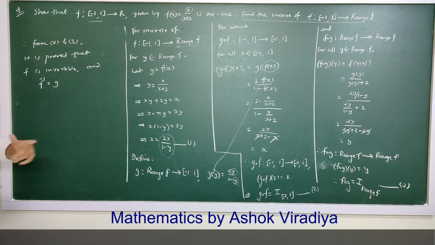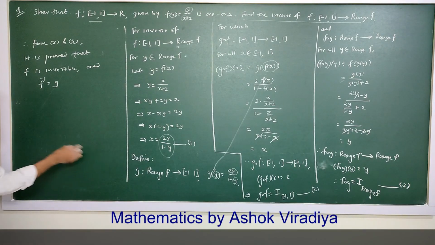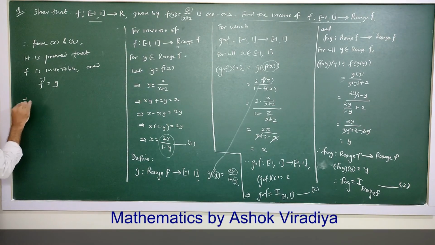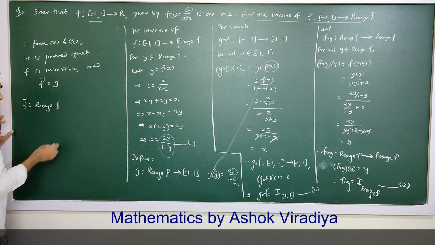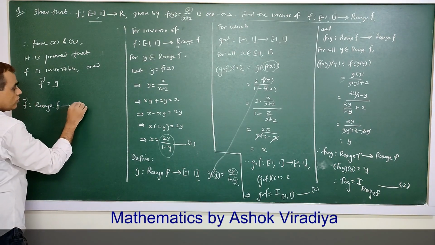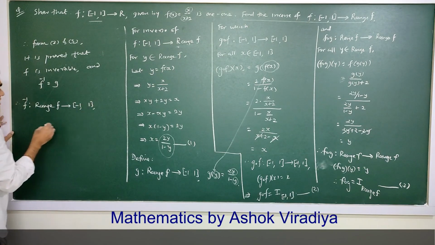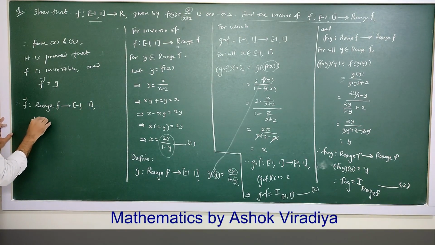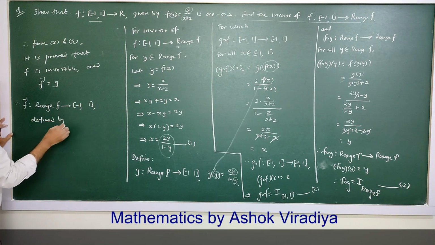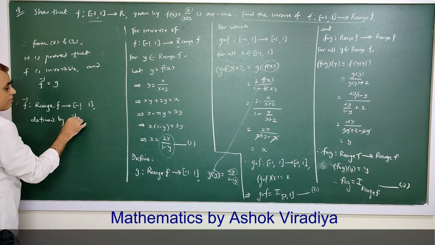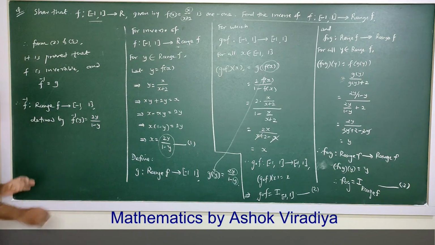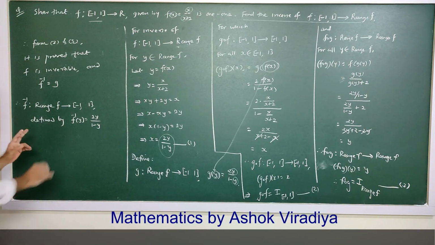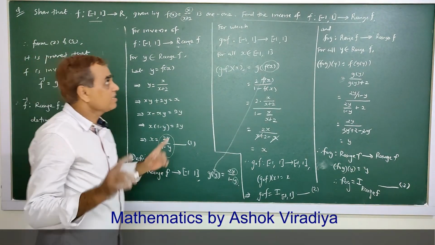That function g satisfying both conditions is said to be the inverse. So replacing g by f inverse, f inverse is from range f to -1 to 1 defined by f inverse of y equal to 2y upon 1 minus y. So this is the required inverse.